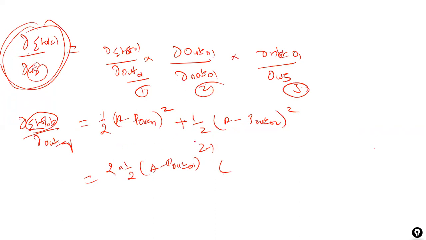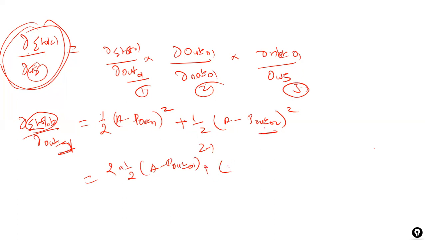And then here, the second one, right? Here we are taking the partial derivative of the total error with respect to out O1. Since here we don't have out O1, this will become a constant. In this case, the 2 will come here, 2 by 2 will get cancelled.